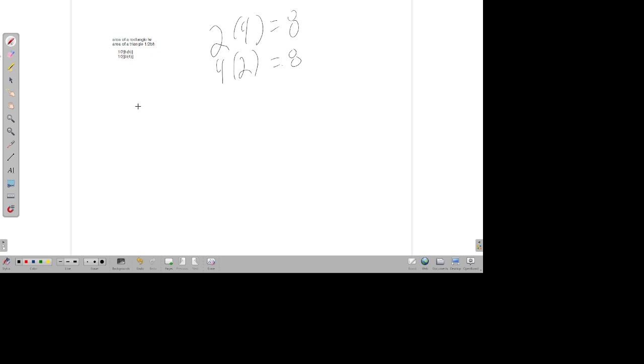But 4 divided by 2 equals 2. But 2 divided by 4 is equal to 0.5, which is 1/2.